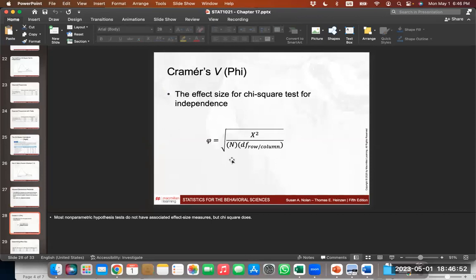Firstly, you want to quantify an effect size. The effect size is done here with Cramer's V or phi.